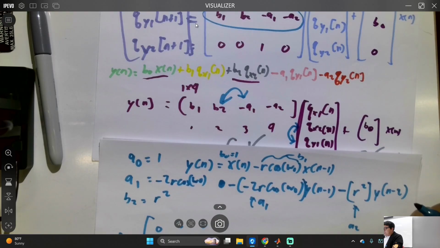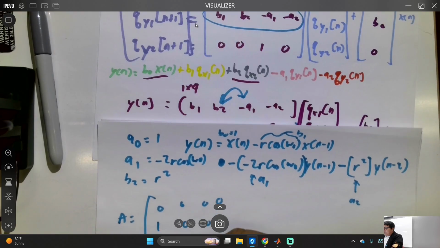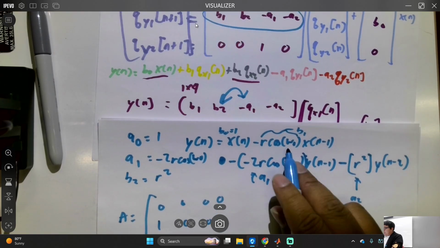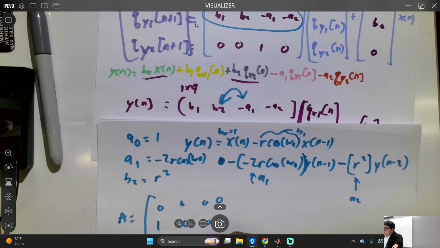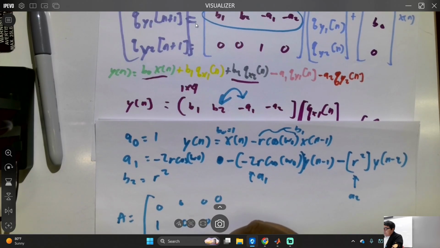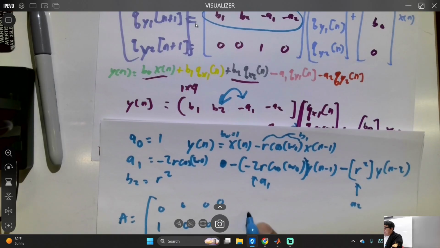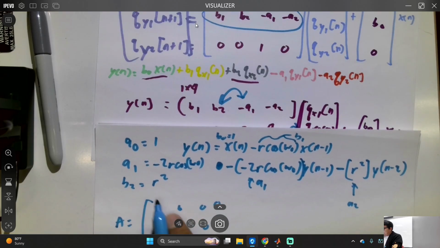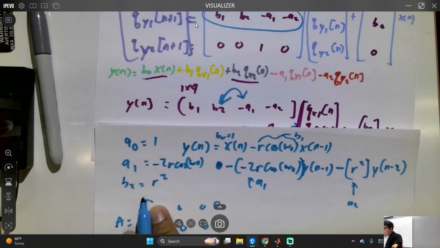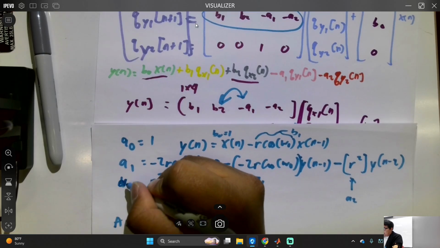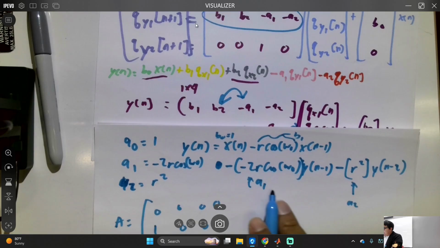Anyways, thinking. B1 is going to equal this guy right here, minus r cosine omega naught. And then the next term, B2. Do I have a B2? Wait, this is A2, sorry. Do I have a B2?